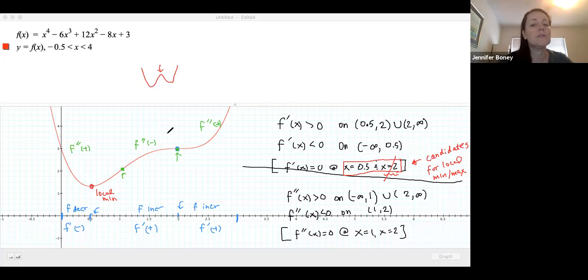So if we don't have an increase change to decrease, we're not going to have a local maximum. We did have a decrease change to increase, so we do have a local minimum. In any case, these are our two critical values of the first derivative, and those help us locate all the candidate positions for maximums and minimums.